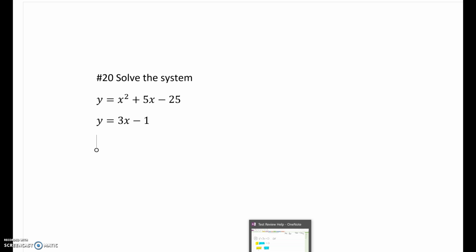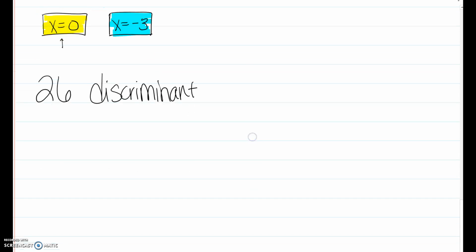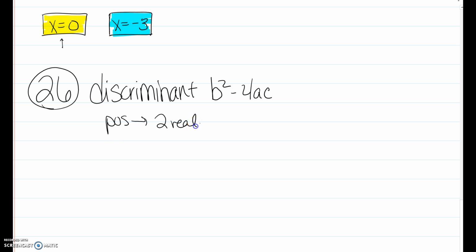On the back, the biggest hint that I want to let you know is number 26. Next to number 26, you should write discriminant. The stuff that you see on the board right now, I will leave on the board for the test. With the discriminant, when you use b squared minus 4ac, if you get a positive number, that means 2 real solutions.